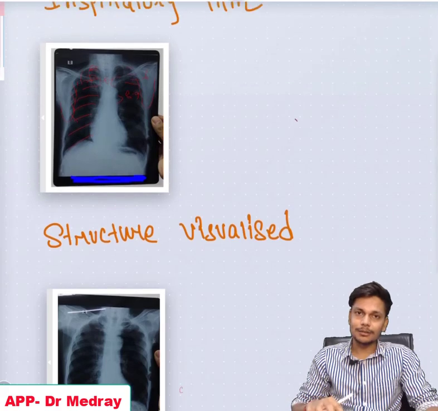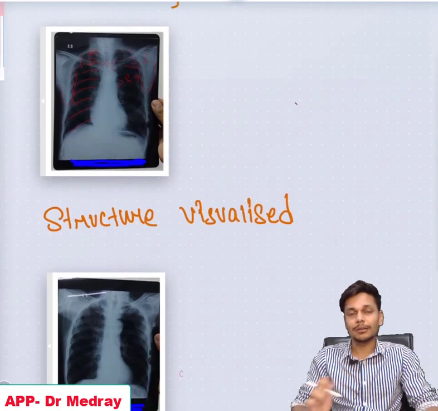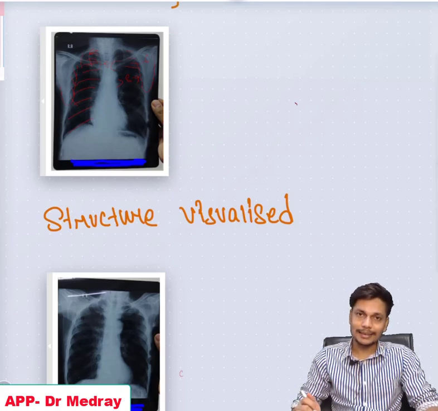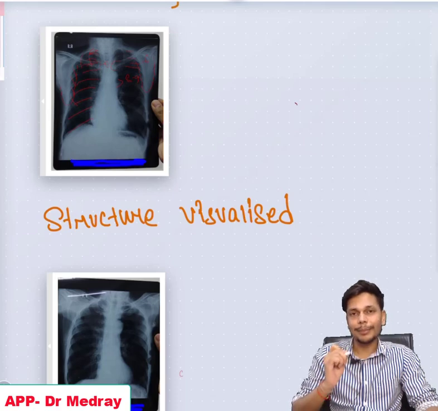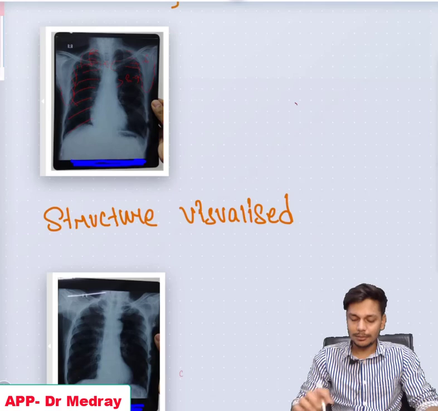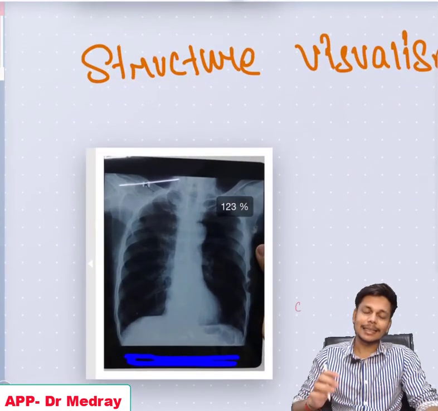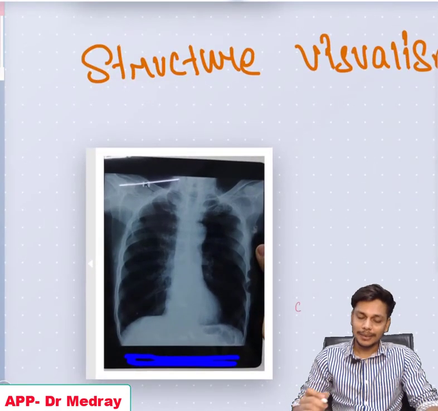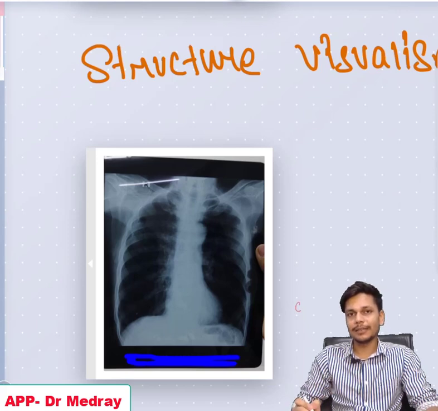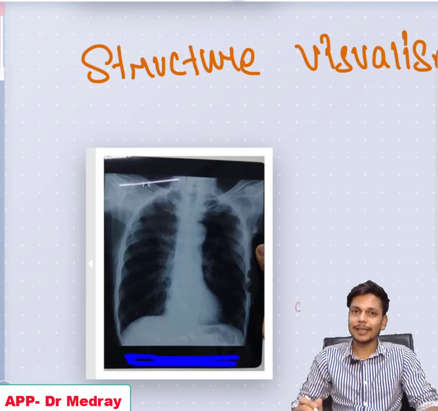So in the next video we will discuss the pathologies of the chest X-ray, what pathologies you are going to get in the X-ray, and how to comment about that pathology, how to comment about pleural effusion. You should not directly say that this is an X-ray showing a pleural effusion, but there is a way to comment about pleural effusion, the consolidation, the pneumothorax, and how to identify those X-rays.